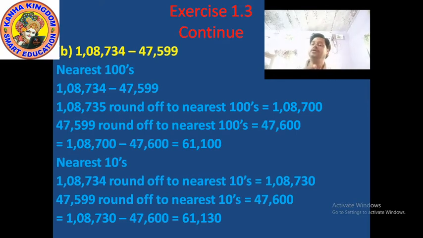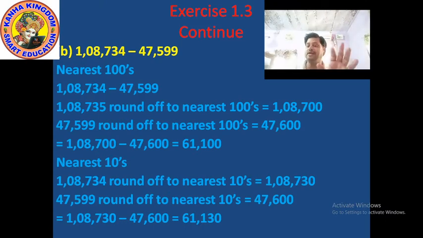So here you have to convert the tens place and ones place into 0, and nothing you have to change in the hundred place. So what is the digit in the hundred place? 7. So you have to write down 7 the same. Nothing you have to change because the tens place is less than 5. And after that, whatever the digit in the thousand place, 10,000 place and lakhs place, nothing you have to change.